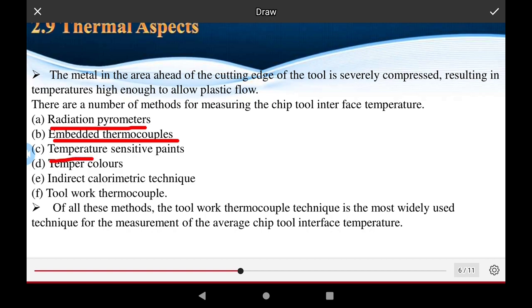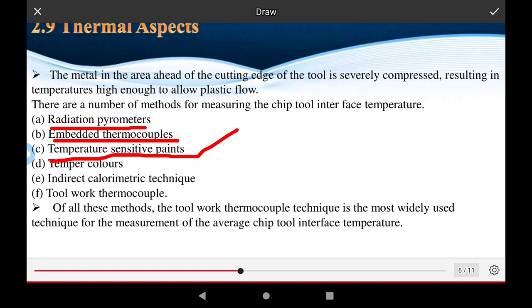The temperature sensitive points of the materials change color with temperature, so colors are also used as a method. Indirect calorimetric techniques are also used in the measurement of temperature of tool materials.